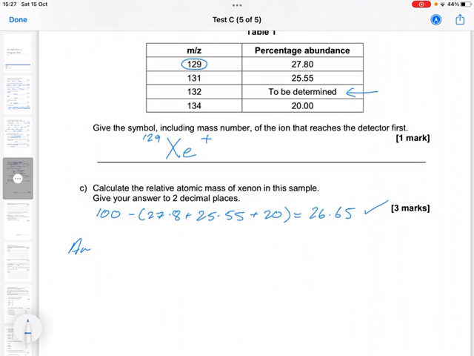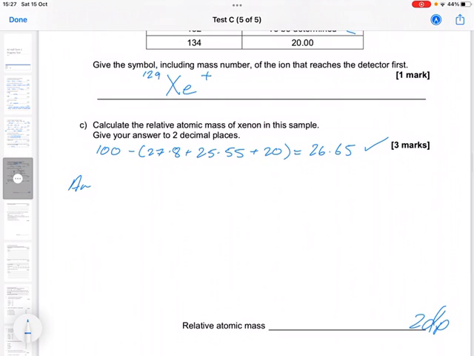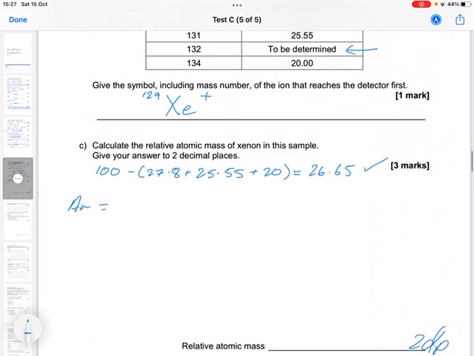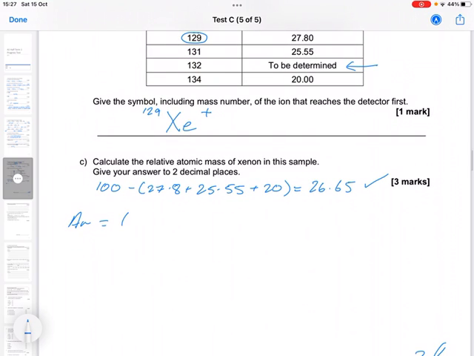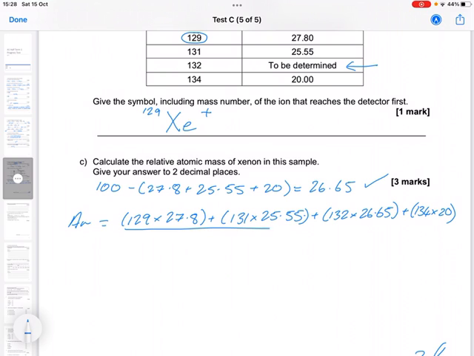I now use my relative atomic mass formula. So that equals, let's get the table up there, 129 times 27.8 plus 131 times 25.55 plus 132 times 26.65, that's the one I've worked out, plus 134 times 20, divided by the total abundance as percentages, this is 100.